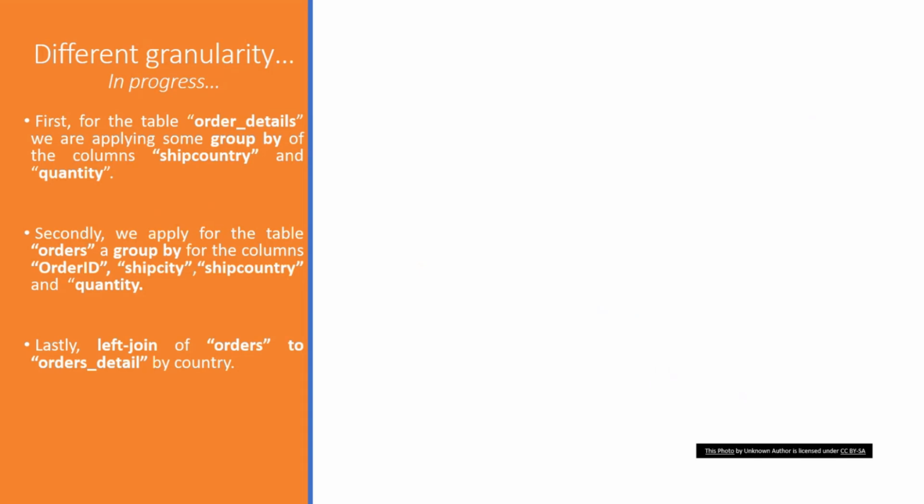For the different granularity, I'm using the table order details, and we are applying some group by for the ship country and the quantity. And secondly, we apply for the table orders a group by for the columns order ID, ship city, ship country, and quantity. And lastly, we merge by left join the orders to order details and by the country.